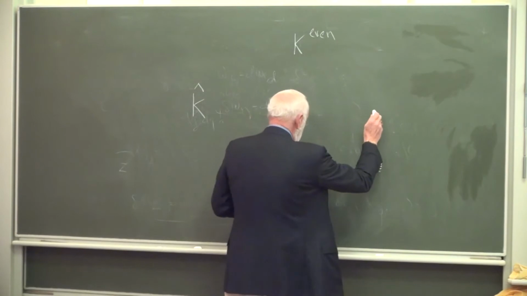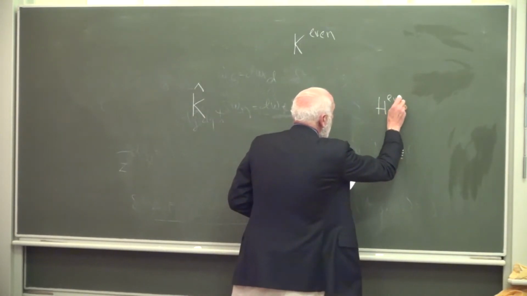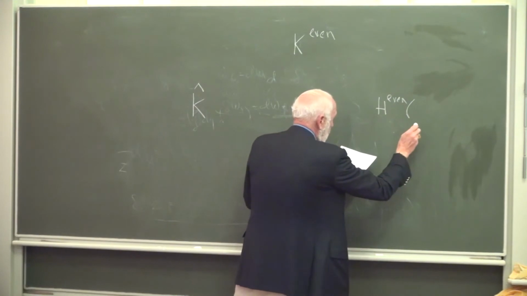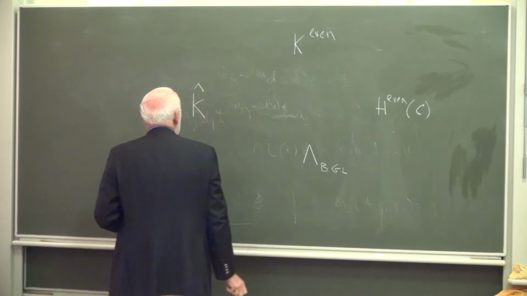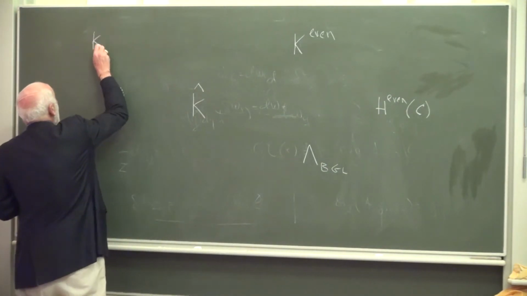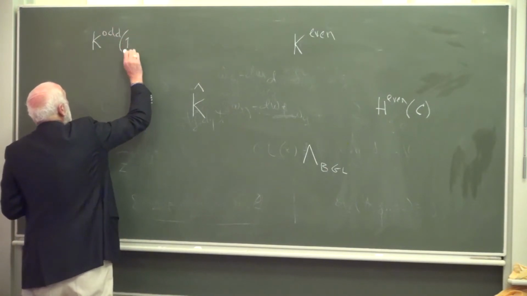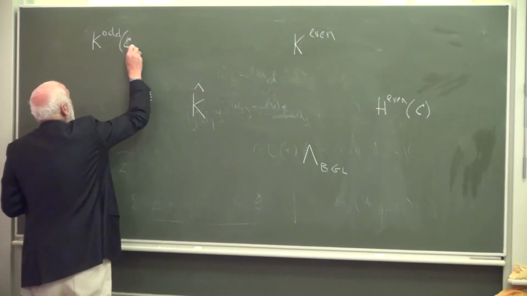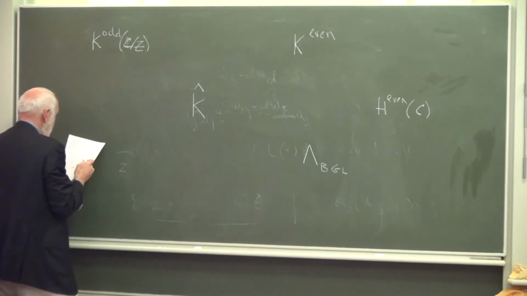And over here, I'll put H even, complex coefficients. And over here, I'll put K odd of C mod Z, whatever that is.